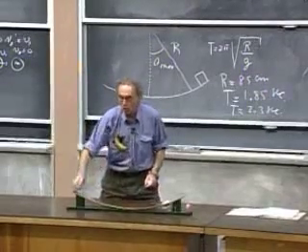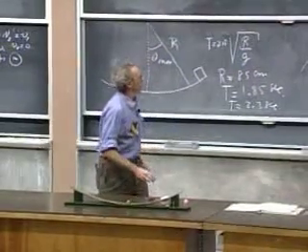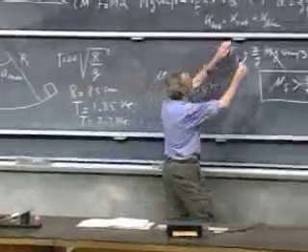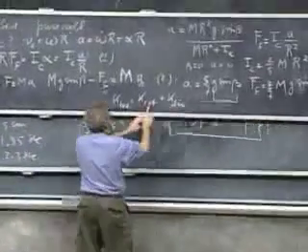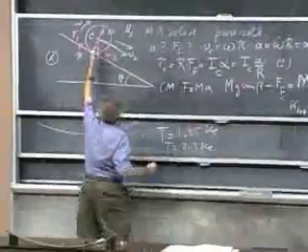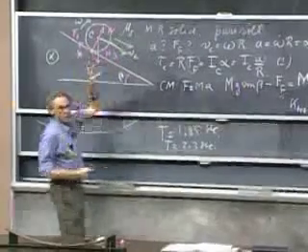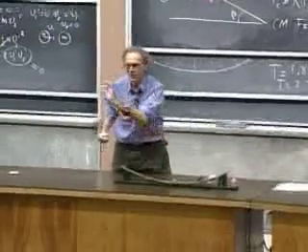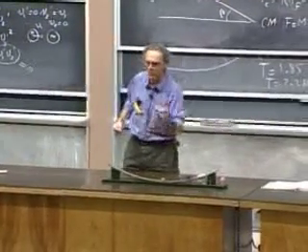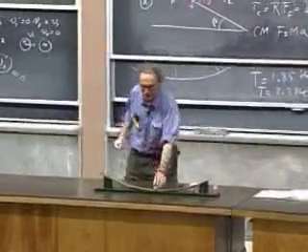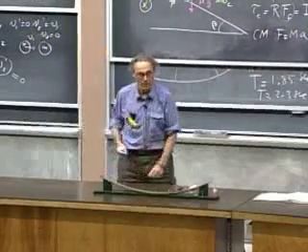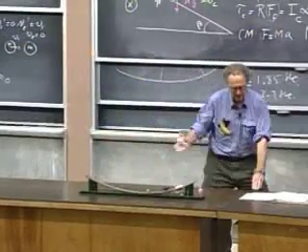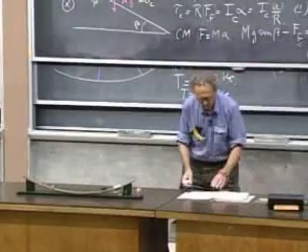Because when this object rolls down, the kinetic energy is partially in the linear term and partially in rotation. If it is sliding, it is all in the linear term. So it clearly goes faster. Now it has to share with the rotation. And so that's the reason why we found a higher period. And that's precisely the situation that you have here.